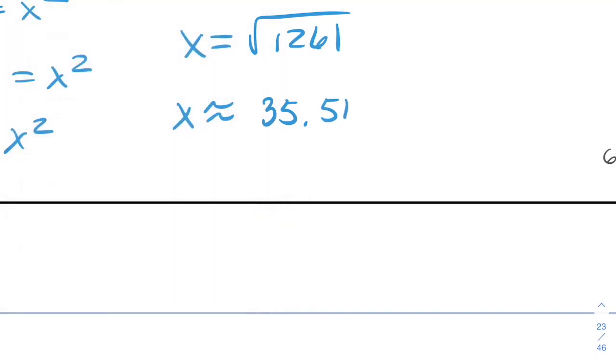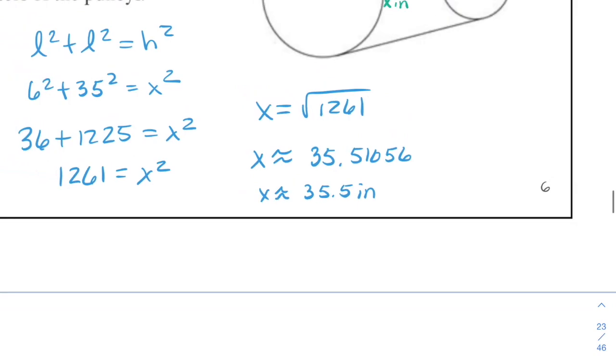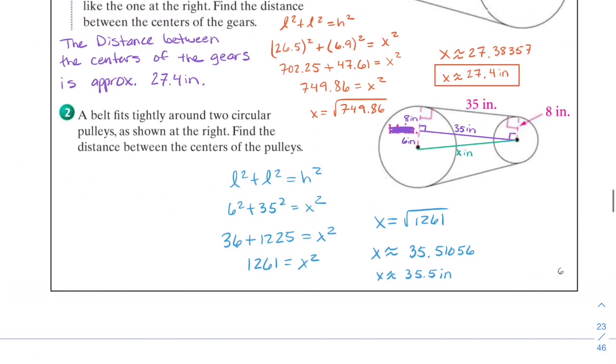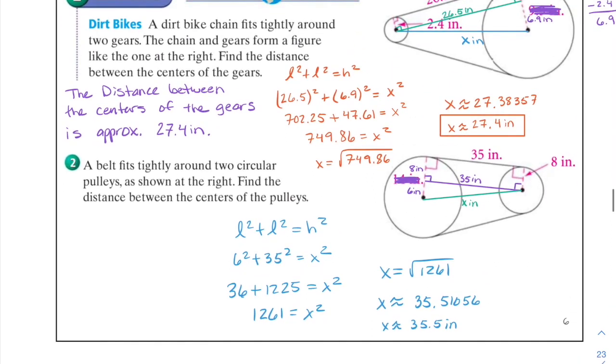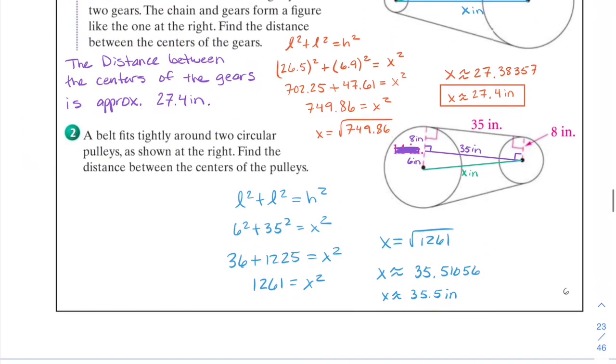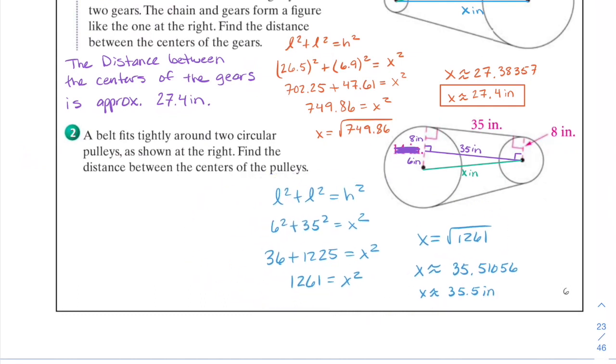So x approximately equals, let's do the nearest tenth, so 35.5 inches. We're going to round off the rest, and we are going to write it in a sentence.